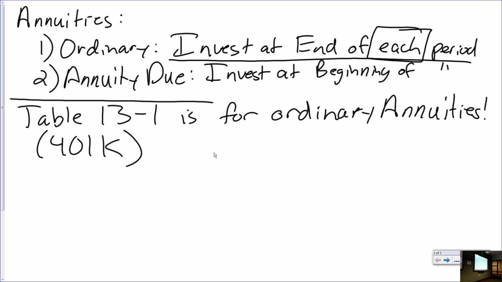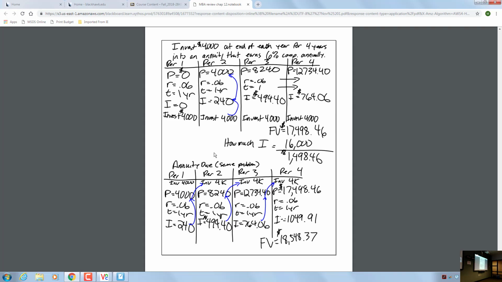Now, our example last week talked about us putting in $4,000 at the end of each year for 4 years, and we figured out how to calculate this stuff when you invest at the end or when you invest at the beginning exactly. What I want to do today is figure out how to use the tables to calculate those same values, okay?